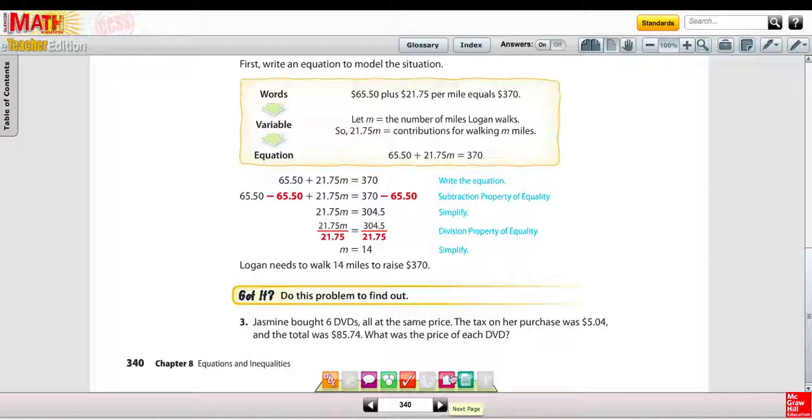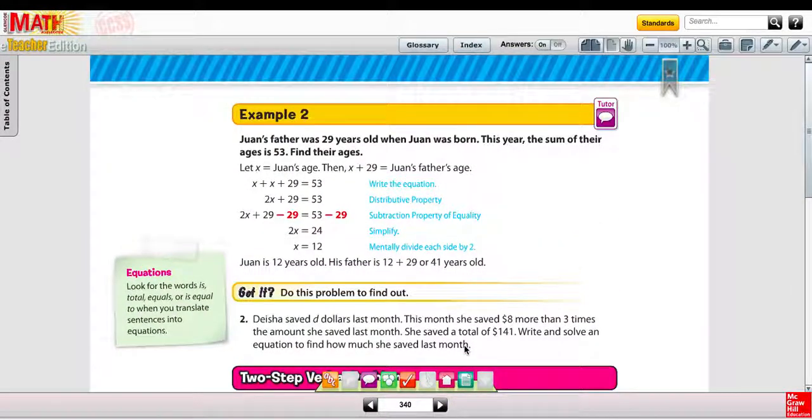On page 340, we have another problem where we're translating a story problem into an equation and then solving it. So for number 2 at the bottom here, it says that Daisha saved $D last month. And this month, she saved 8 more than 3 times what she saved last month.